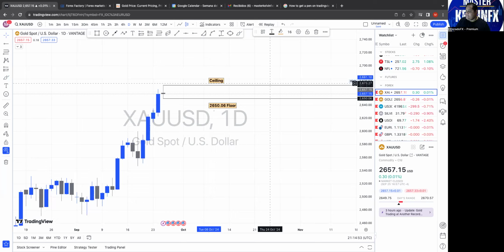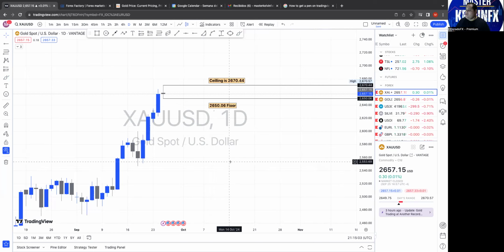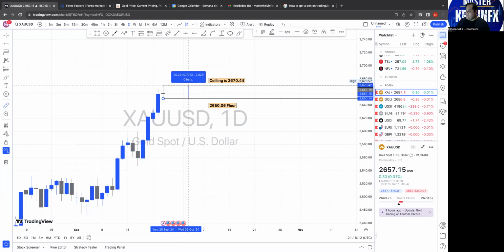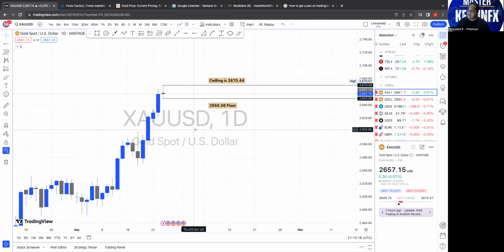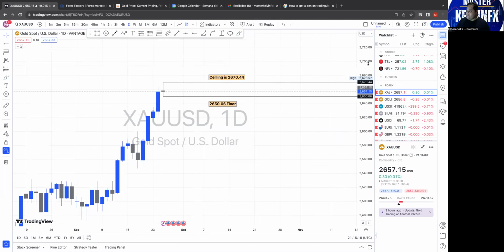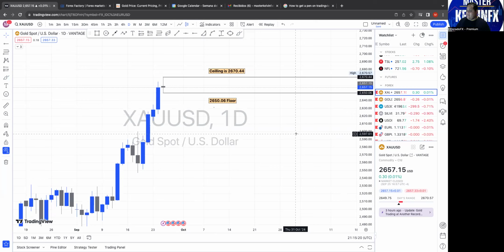The ceiling is 2,670.44. Gold was trading the whole day between these two areas, which represent around 200 pips. That was the area of trading today. We have our ceiling, and we have our floor.